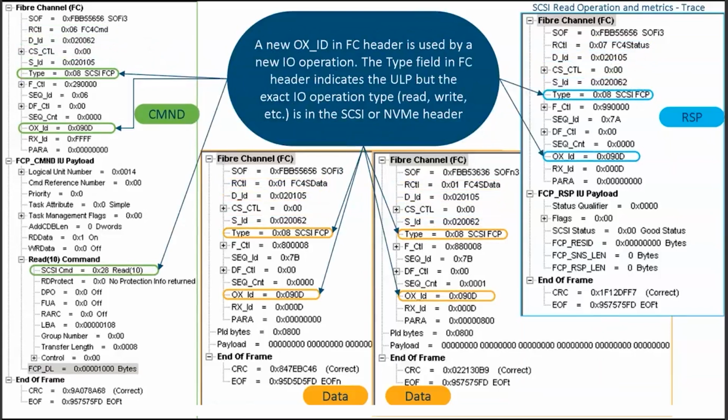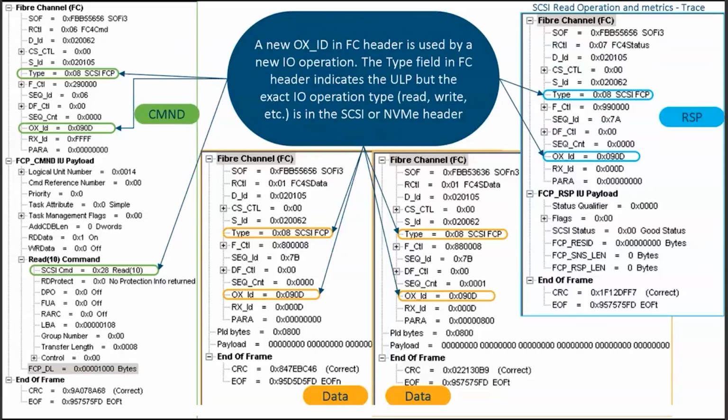Okay, so we already talked about the exchange ID, but there's something called the type in the header, right? Every exchange may carry a different type. Imagine you're running FCP or SCSI along with NVMe. It's possible some of the frames, not all the frames, may have a different type.